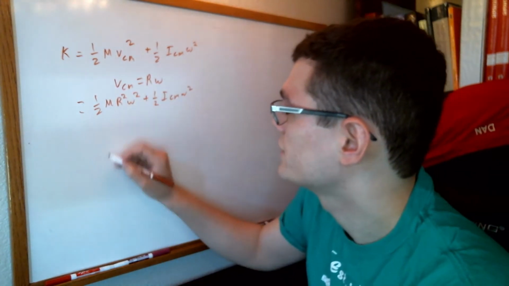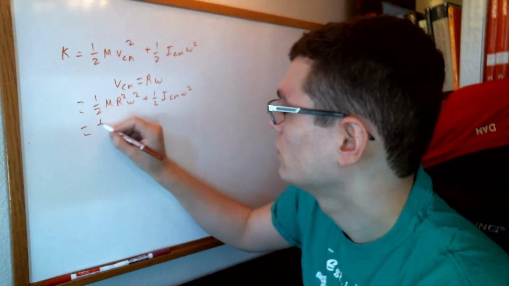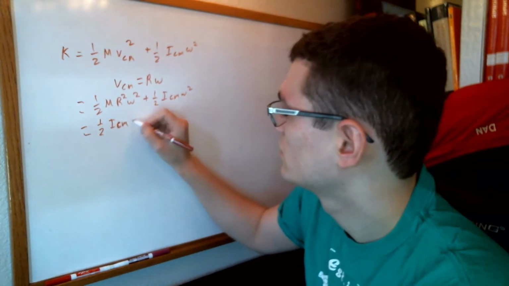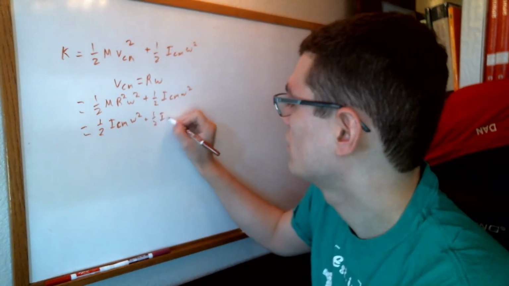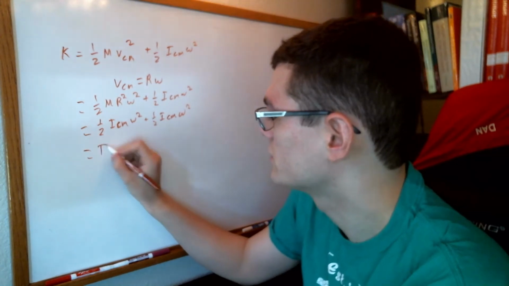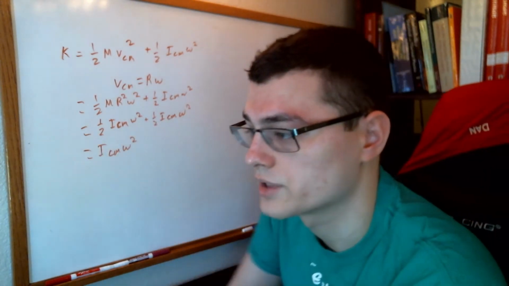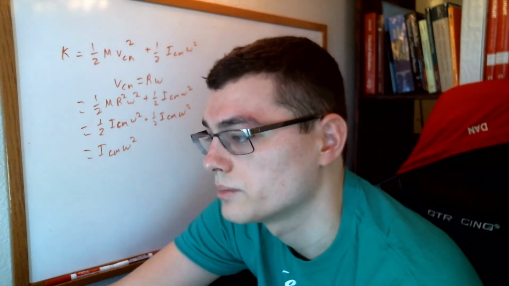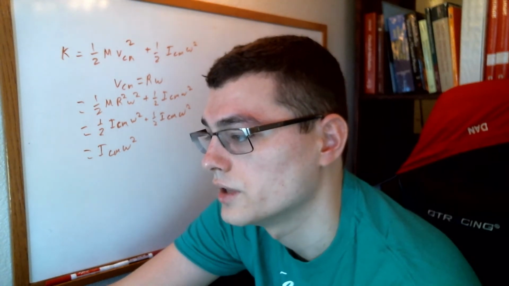So this is Icm here. And so this is going to be equal to 1/2 Icm omega squared plus 1/2 Icm omega squared, and then that's just going to equal Icm omega squared, because you add the two halves together. So we can go ahead and add these up together in this way.